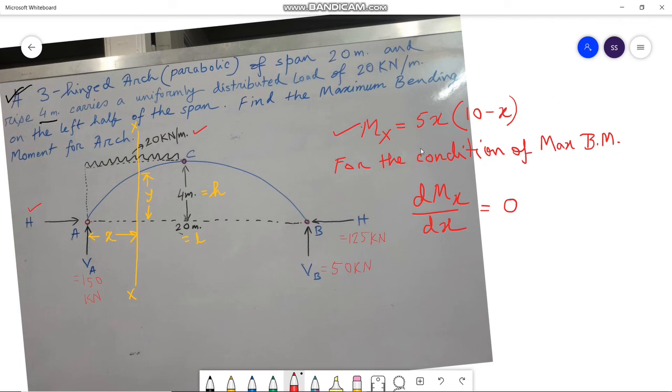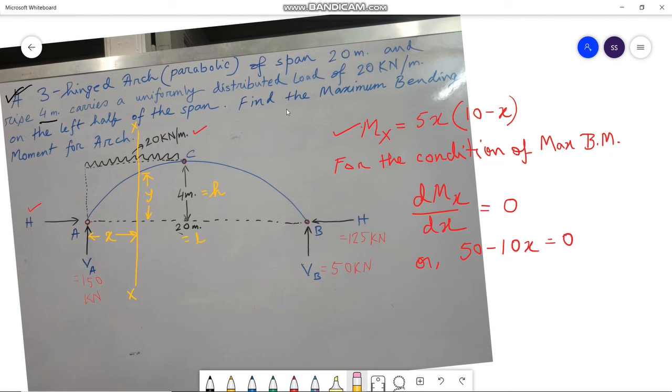So after differentiating the value of mx, we get 50 minus 10x equals to 0.